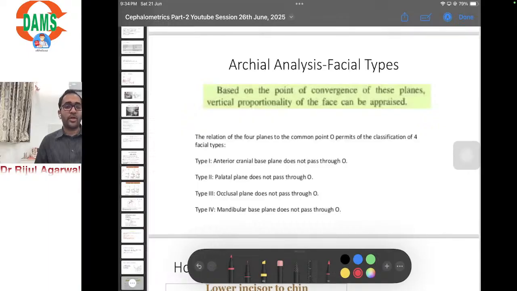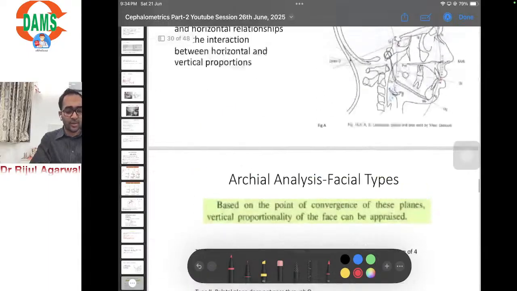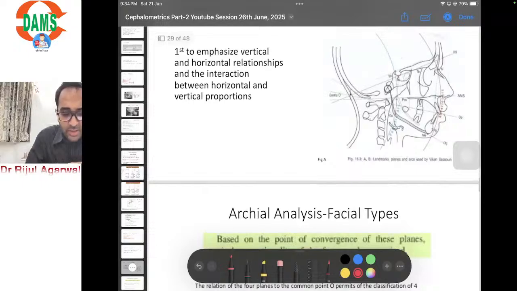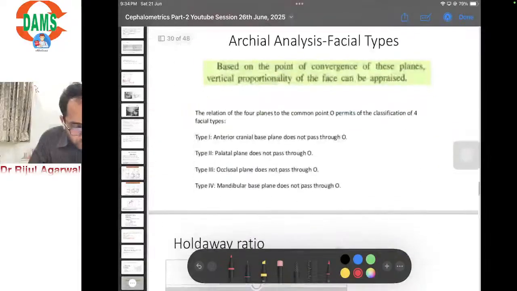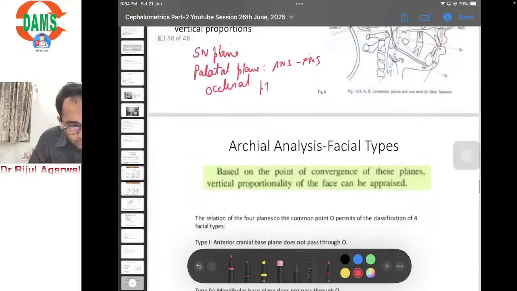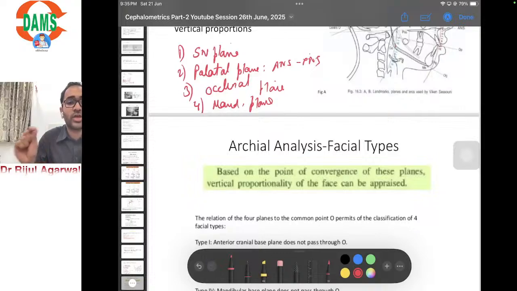So the point is point O. And what are these 4 planes? First is the SN plane. Next is the palatal plane. The palatal plane is the ANS-PNS plane. Then the occlusal plane, and lastly the mandibular plane. So these are the 4 planes which were taken up by Sassouni.